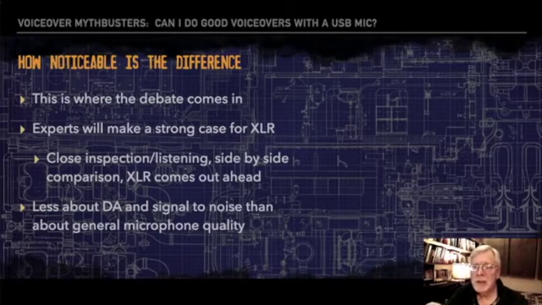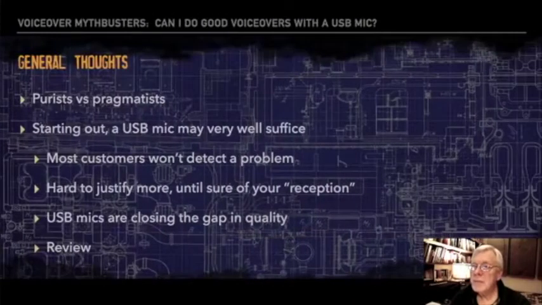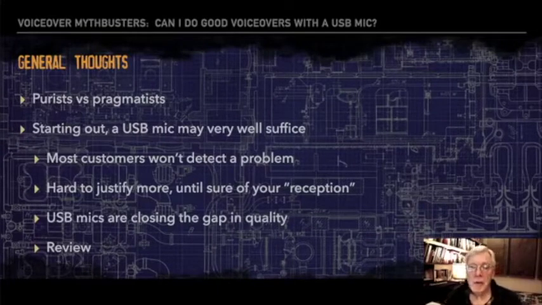They wouldn't necessarily notice those fine signal to noise ratio things and maybe the slight differences in clarity or definition in an XLR mic. But then again, the USB mics, because they're less expensive, sometimes don't have as good pickups either, so there can be that as a comparison. So it has more to do with the quality of the microphone itself, in my mind, than with the digital analog conversion or signal to noise ratio.